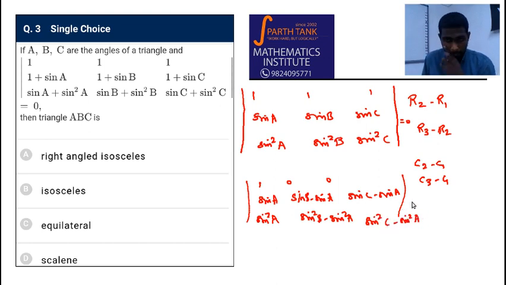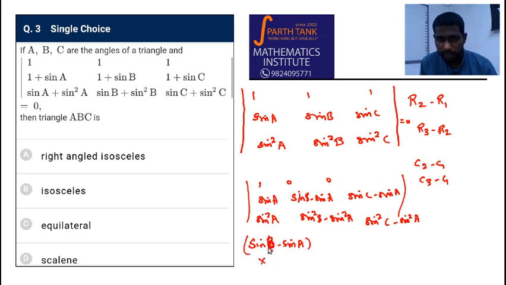Okay. Now, of course, you can simplify this if you see that sin B minus sin A is common and can be taken out of the second column, and sin C minus sin A is common and can be taken out of the third column.